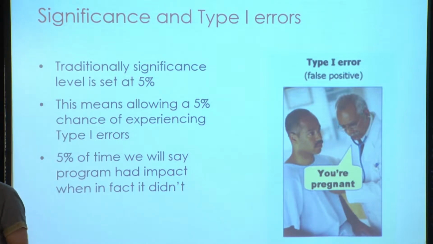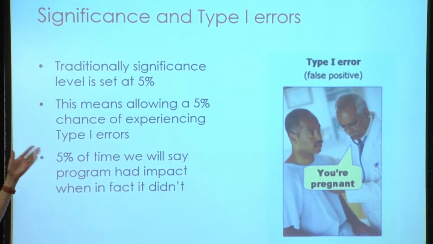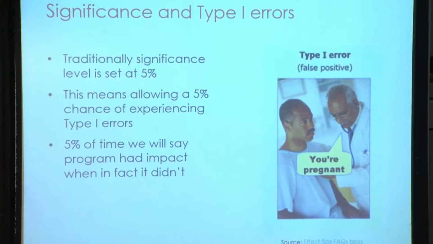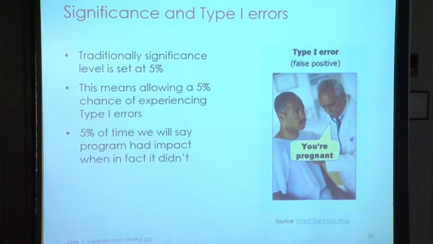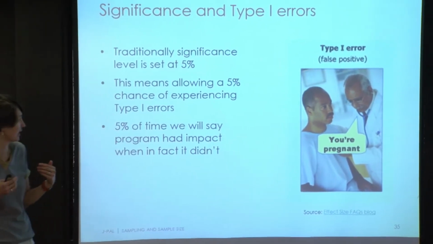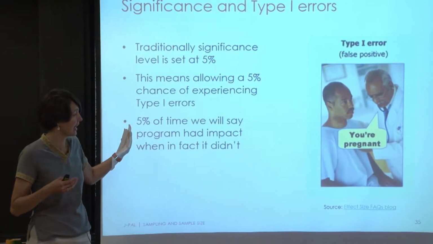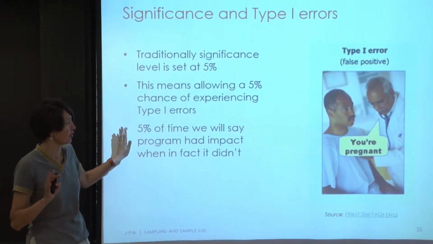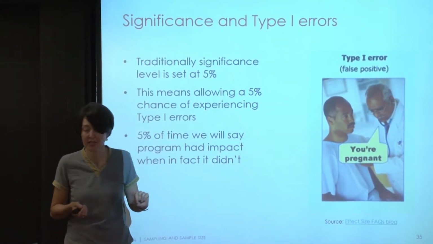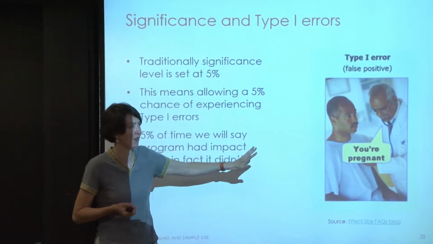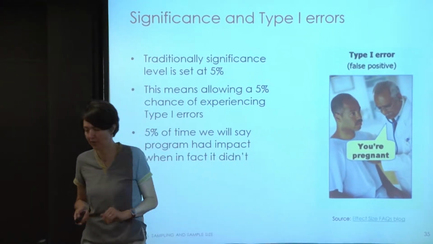There are a number of ways in which we can screw up when we do statistical testing, and this is one of them. With a traditional significance of 5%, that means a 5% chance of experiencing type 1 errors. We're only letting ourselves 5% of the time say that the program worked when in fact it didn't, or that they were pregnant when in fact they weren't.